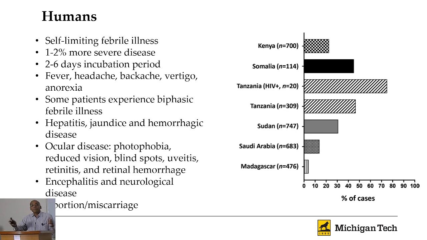Because the human population is heterogeneous. Except twin babies, they are mostly homogeneous. Twins have a similar kind of thing. But my immune system may be so much worse than yours, and yours may take 8 days. I may show up in 3 days because my immune system cannot catch up to control it, and my virus replicates so high within 3 days that I show symptoms. But yours takes a little more time.